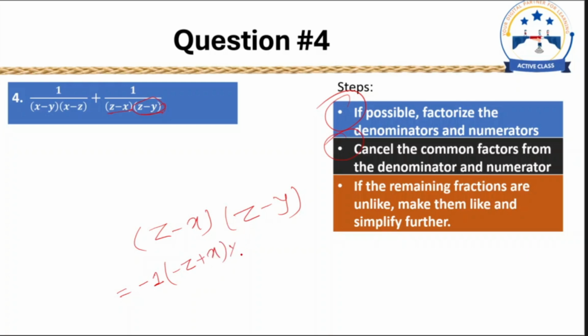And if I take another minus 1 common from this z minus y, then this plus z becomes minus z, and then minus y becomes plus y. Finally, I can multiply this minus 1 and this minus 1, which is minus times minus is plus, 1 times 1 is 1, so no need to write it. Minus z plus x, I can write x minus z, and then minus z plus y is y minus z.